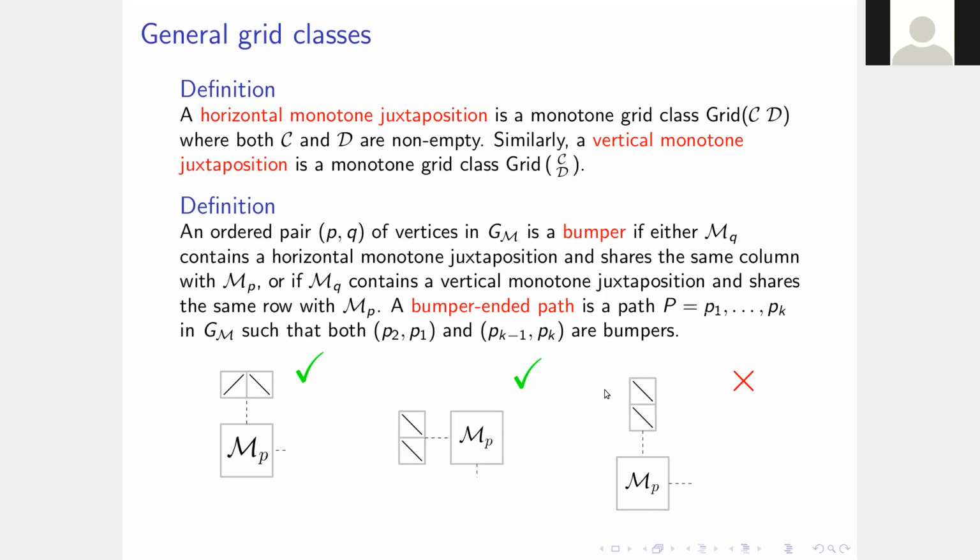And here on the right, you can see an example of something that is not a bumper because the entry corresponding to the vertex Q contains a vertical monotone juxtaposition, but the 2 vertices share the same column. And then a bumper-ended path is just a path in the cell graph such that it both starts and ends with a bumper. So both the pairs P2, P1 and Pk-1, Pk are bumpers.